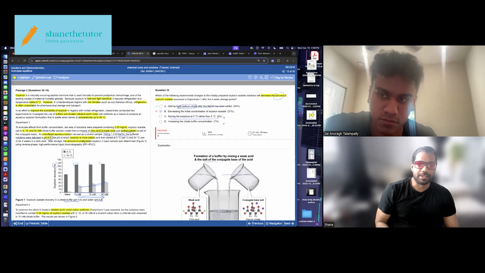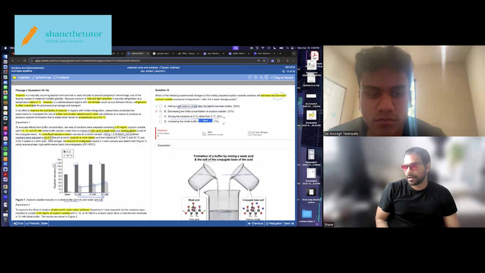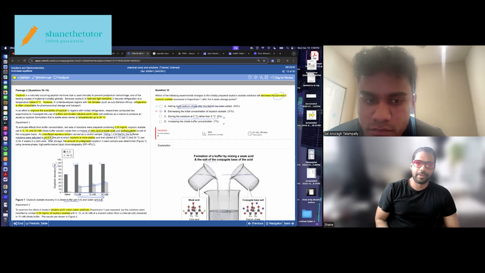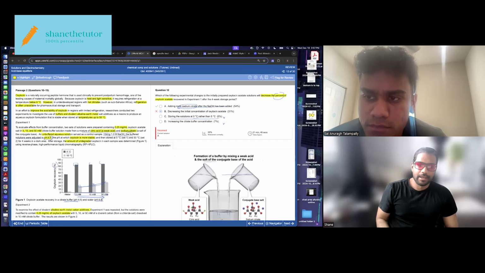So that means if you brought it to 0C compared to 5C, you have more recovered or less recovered? Probably more, right, if you bring it down. Yeah. But I was thinking 0C is the freezing point of water.